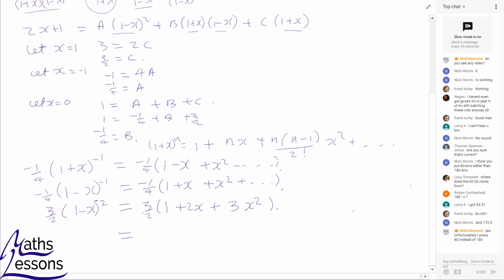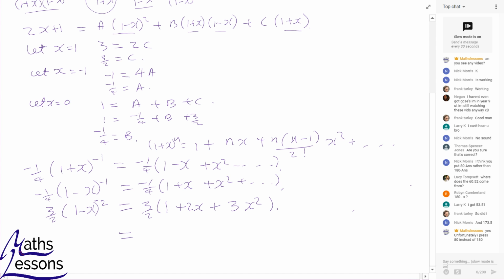So I've got minus 1/4, which is a minus 1/2, plus 3/2, which just leaves me just 1. And then these two are going to cancel out, so I don't need to worry about those. So I'm just going to get plus 3x. Then I'm going to get another minus 1/4 x squared, so that's minus 1/2 squared.